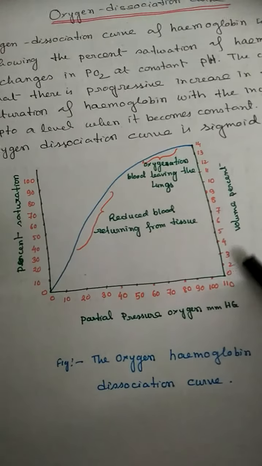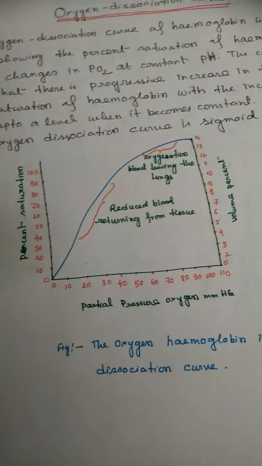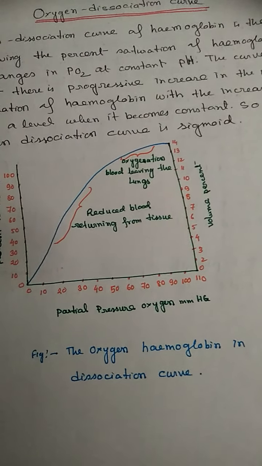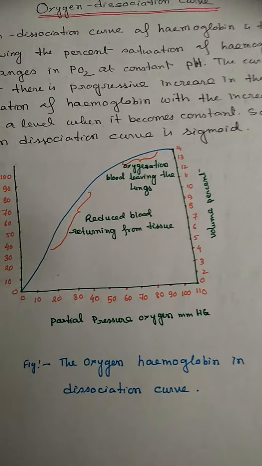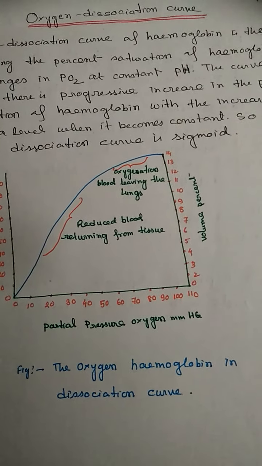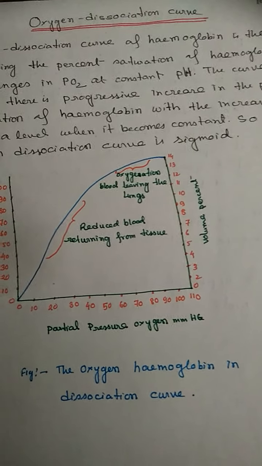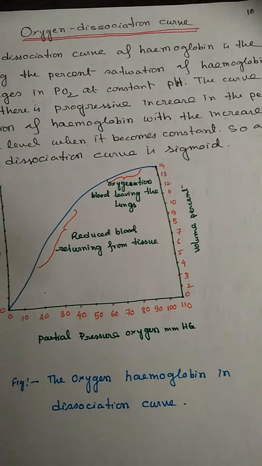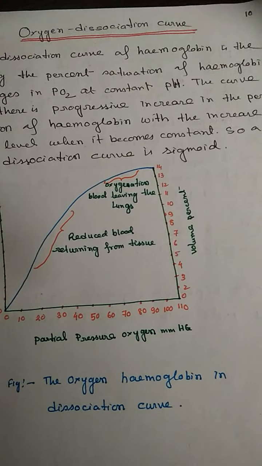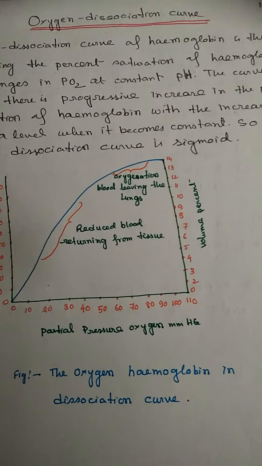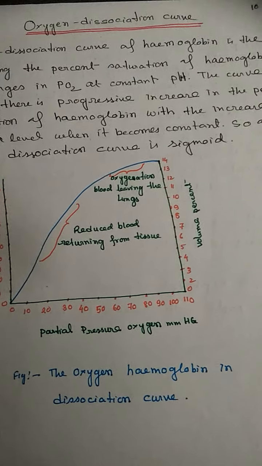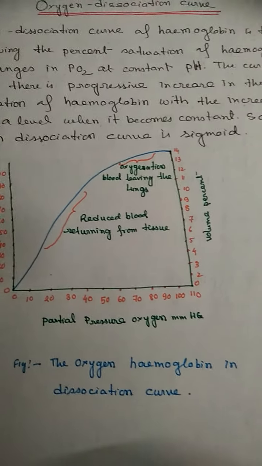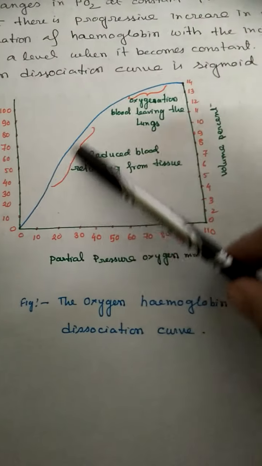The oxygen dissociation curve of hemoglobin shows the percent saturation of hemoglobin with the change in partial pressure of oxygen at constant pH. There is a progressive increase in the percent saturation of hemoglobin with increase in partial pressure of oxygen, until it becomes constant. The normal oxygen dissociation curve is always sigmoid in shape.